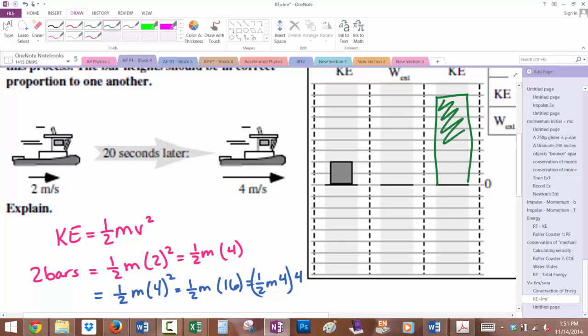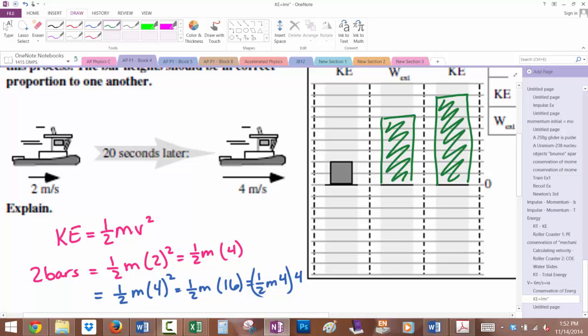Which means what needs to go? 2, 3, 4, 5, 6, 7. Okay, did 8. How much work is done then? 6 bars. 1, 2, 3, 4, 5, 6. Is that okay? Okay.